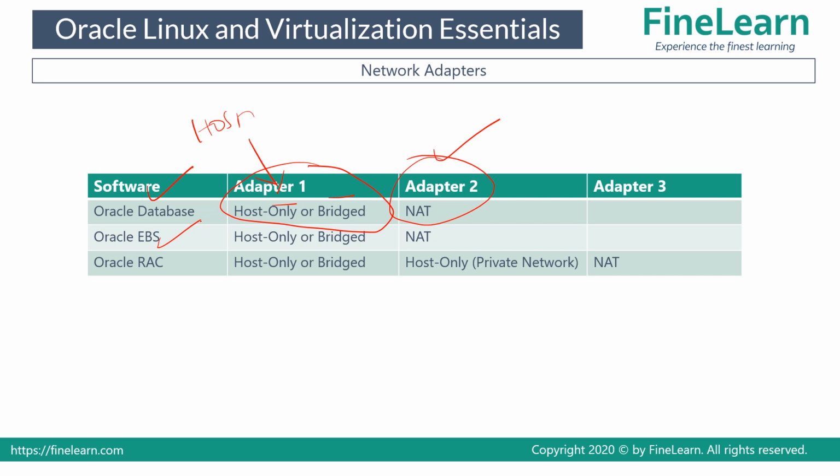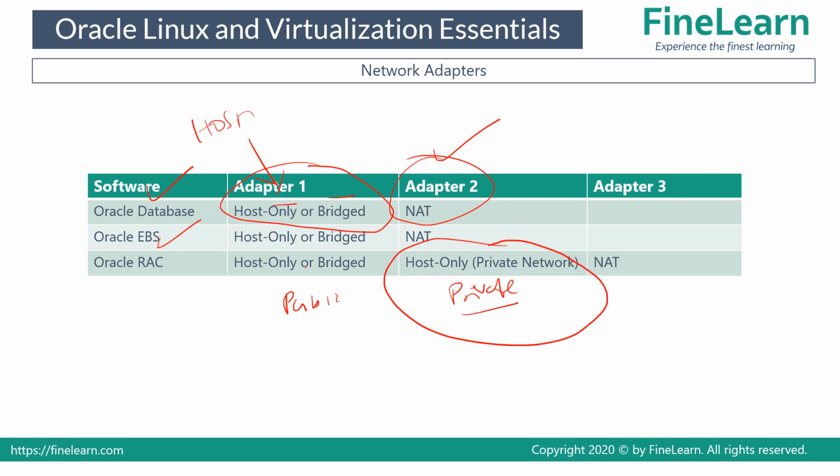But for RAC, the main difference is that since it's going to have multiple networks, we have to ensure we have one network for public and one network for private. Since we know already that the private network is primarily the host only network, always use host only network for the private network.